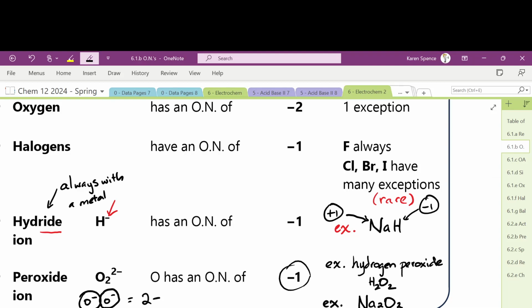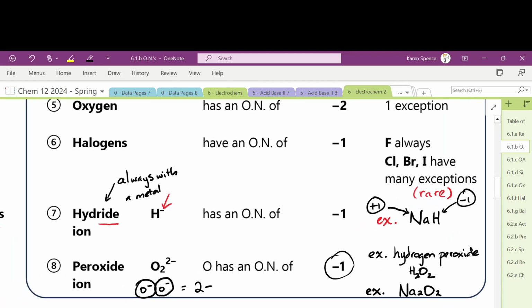So as I said, don't go looking for peroxides and see them coming out of the corner everywhere. There's very few peroxides. There's hydrogen peroxide, and then there's metal peroxides. And you'd have to look and just say, oh, it's an O2. Don't look for them in organic compounds or covalent compounds. You won't find them. A peroxide is only inorganic.